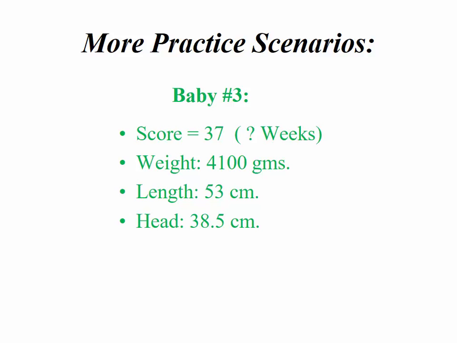So now let's graph this one on the 39. The weight's 4,100. The length is 53. And the head is 38.5. And they're all, you know, kind of estimates on that graph. You can't be perfect on your graph, but you're getting an estimate, you know, try to figure out where it is. Let me turn the light back on for you.